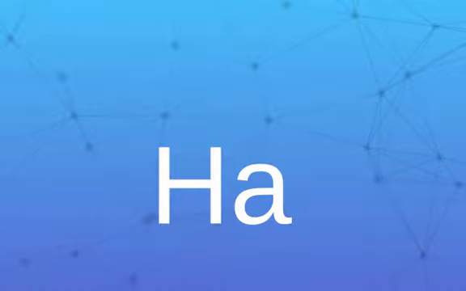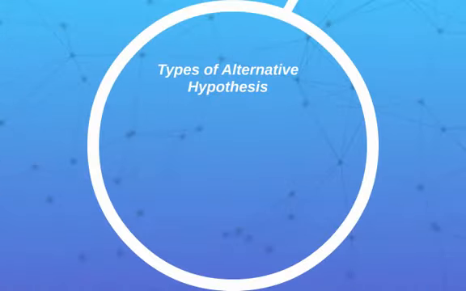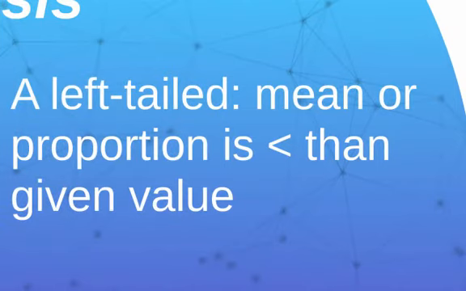If we focus a little more on HA, the alternative hypothesis, which by the way in your textbook you will see as H1, H1 is the same thing as HA. There are three possible types of alternative hypotheses, and I mentioned them quickly in my last slides. The first type could be what we call the left tail test.